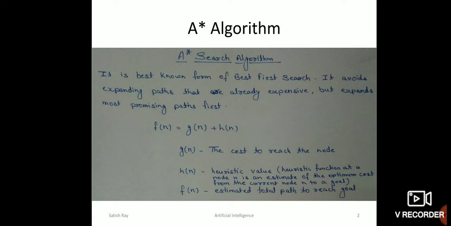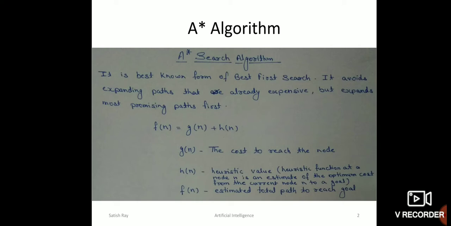So as discussed in the previous session, A star algorithm is the best known form of best first search. It avoids expanding paths that are already expensive but expands the most promising path first.